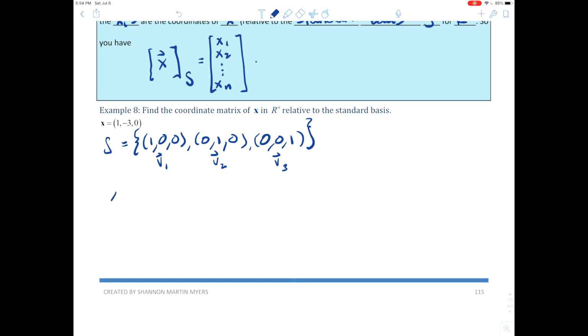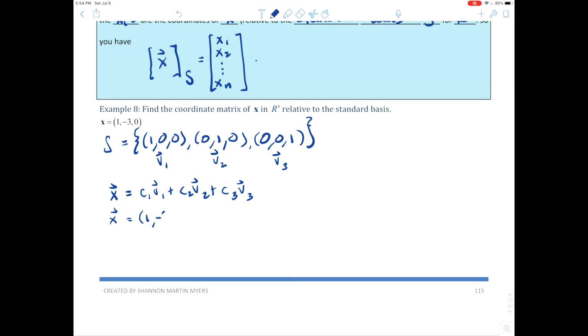If I wanted to write x as a linear combination of these vectors, I would have x equal to (1, -3, 0), but couldn't I write that as 1 times (1, 0, 0) minus 3 times (0, 1, 0) plus 0 times (0, 0, 1)?